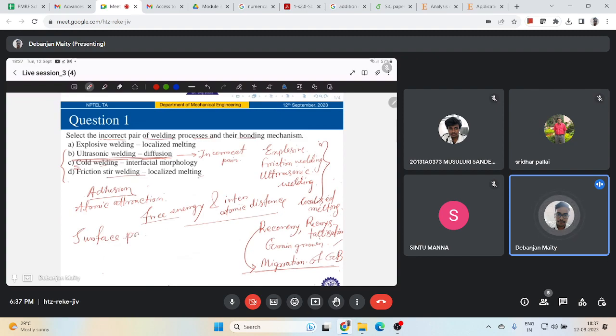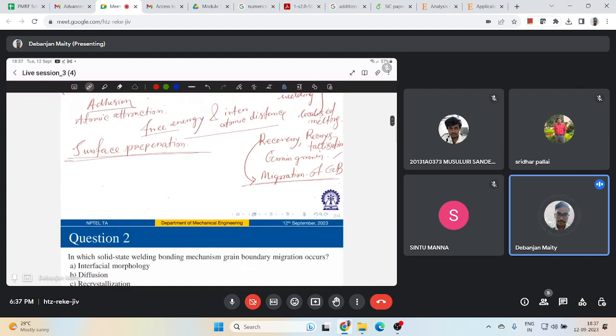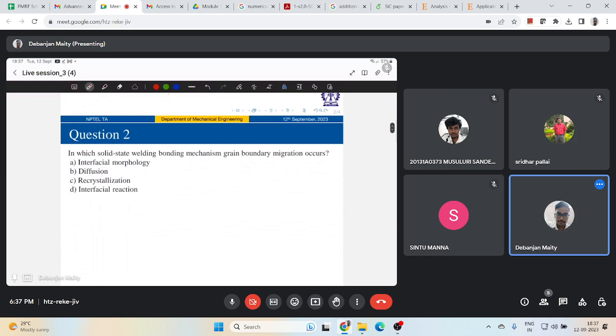So surface preparation is always very important for solid state welding. Okay, I have talked about all these mechanisms and different welding techniques.